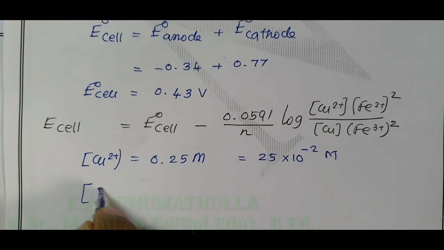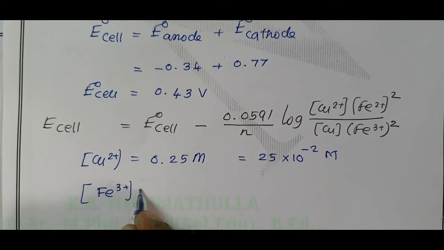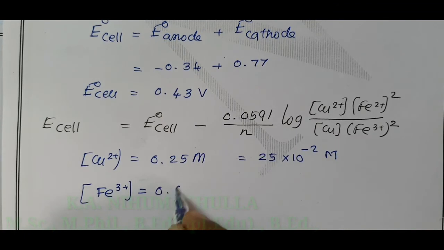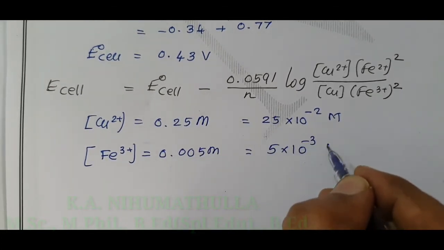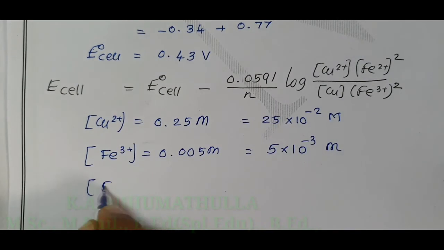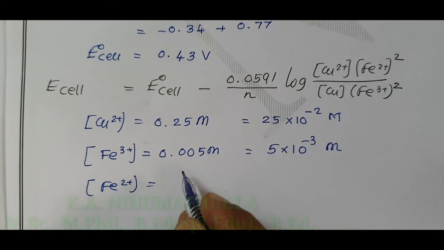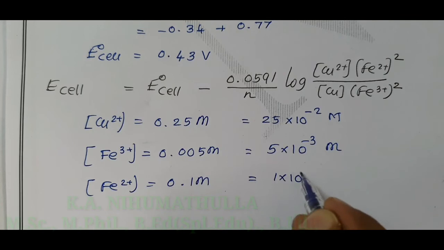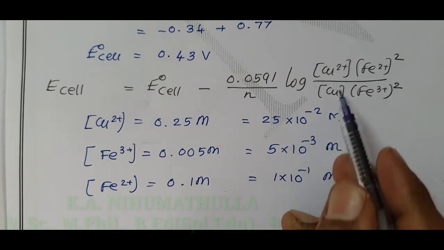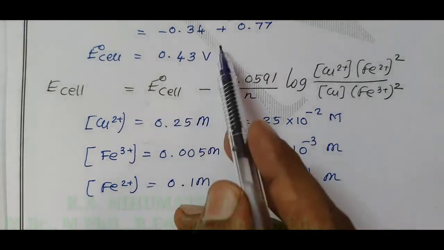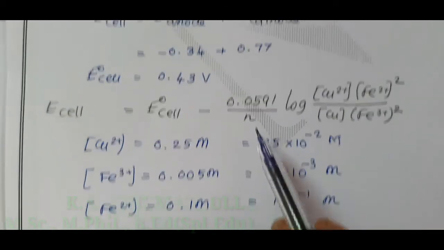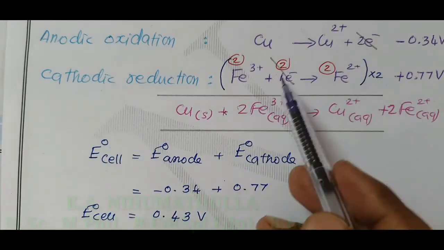Concentration of Fe3+ is 0.005 molar, that is 5 into 10 power minus 3 molar. Concentration of Fe2+ given in our cell notation is 0.1 molar, that is 1 into 10 power minus 1 molar. Substitute all these values in this formula and also the value of E0. How many electrons are involved? 2 electrons are involved in our cell reaction.